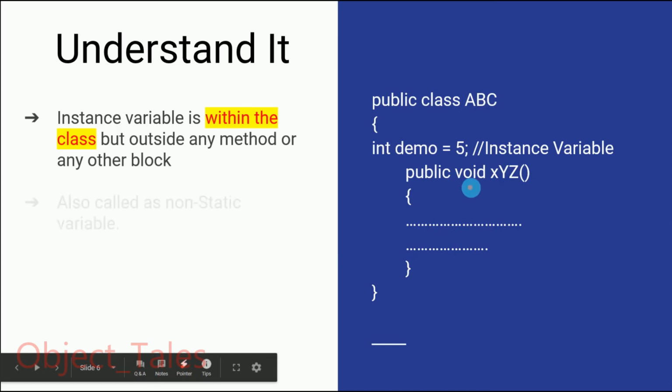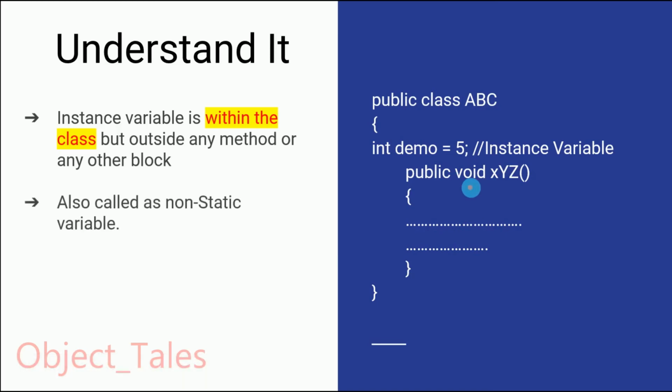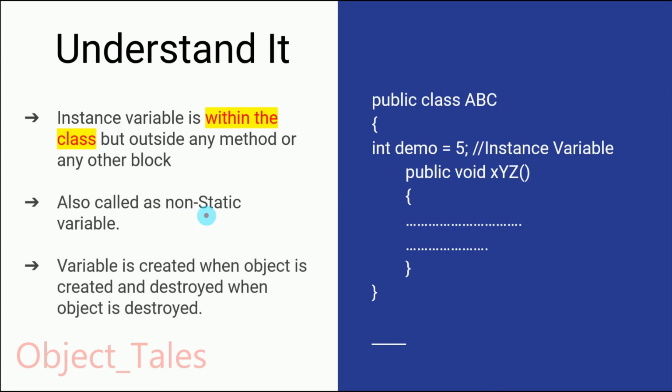Second point, it is also known as a non-static variable because it uses an object. It is initialized with the help of an object. The variable is created when the object is created and destroyed when the object is destroyed. So it is known as non-static also.